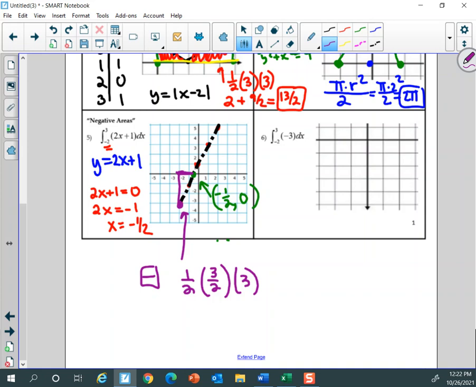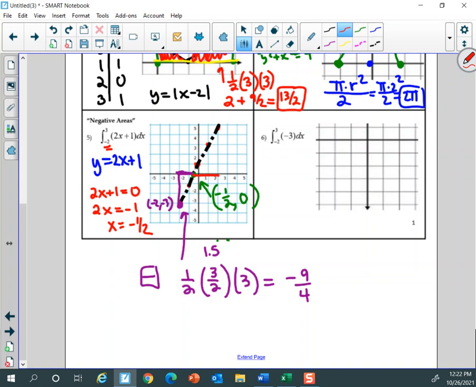When x is -2, y is -3. This is 3 units down, and it's 1.5 or 3/2 across. So this negative value is going to be -9/4. I caught that before I went too far.